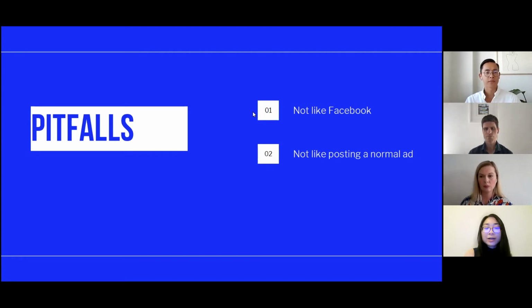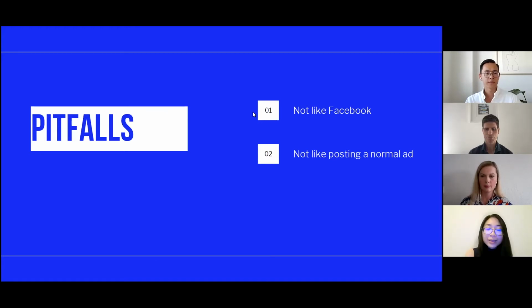You can target by their intention of being interested in what you have to offer. Intention as in they can predict and show your ads to people who are very likely to be interested in what you have to offer, whether you're offering a class, a trial class, a webinar, whichever.